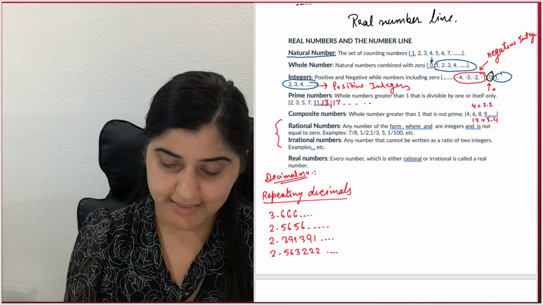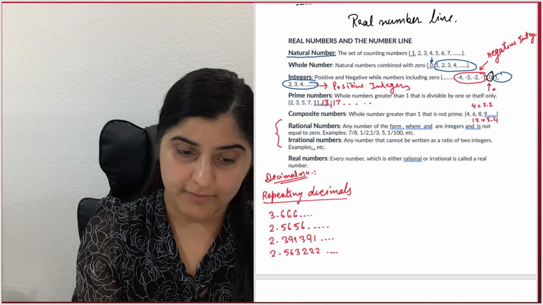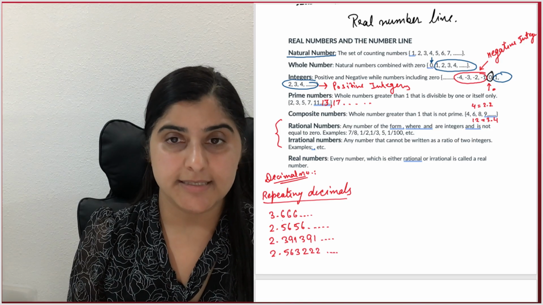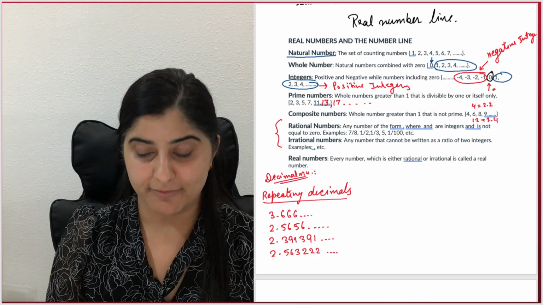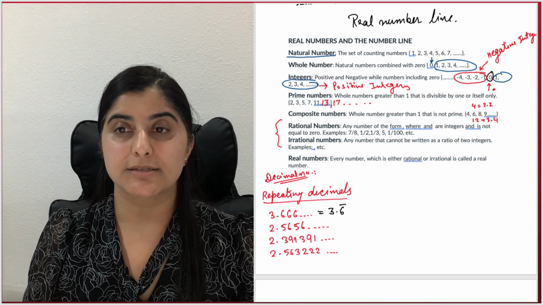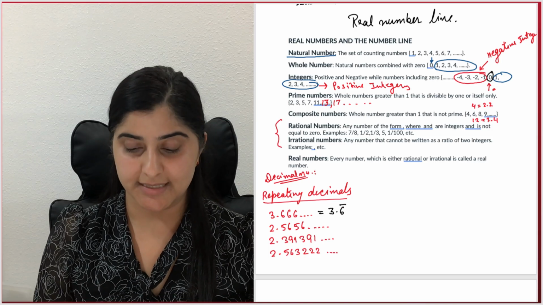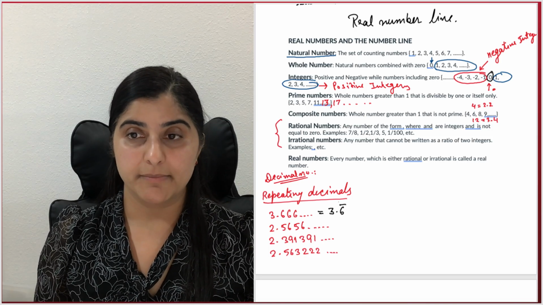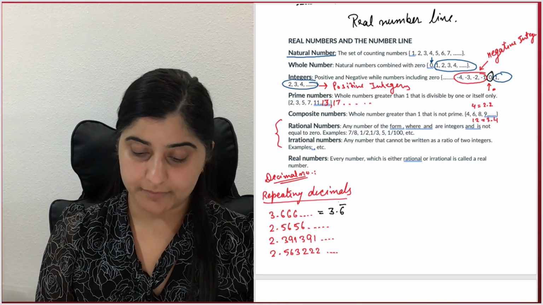If we see the very first one, after the decimal, 6 is repeating itself, right? We can write this as 3.6 and we can put a line on 6 just to tell the reader that 6 is repeating infinitely many times after the decimal.